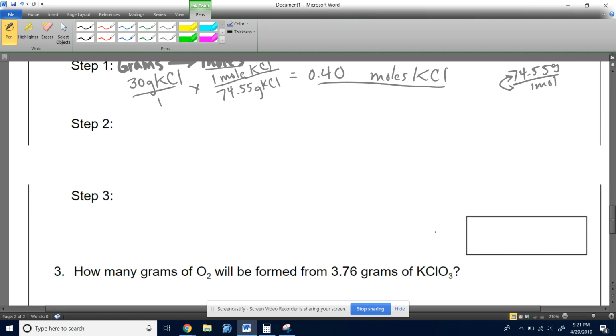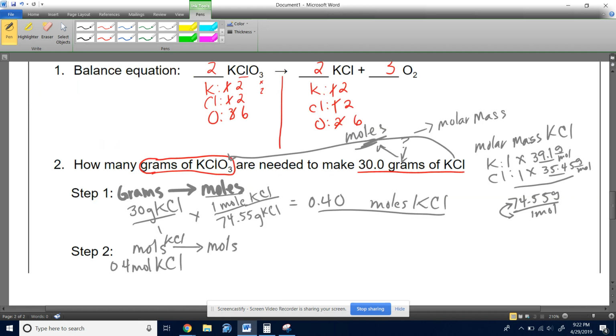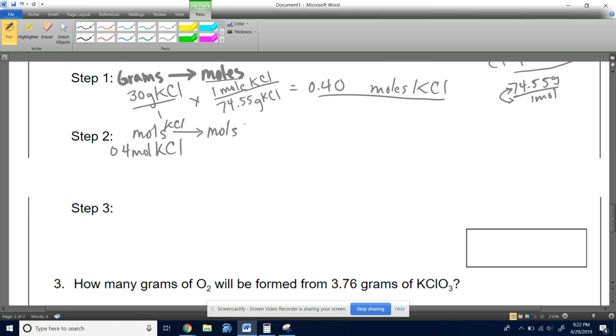So for step 2, okay, we're going to use our 0.4 moles of KCl. And now what we're going to want to do is go from moles to moles. So we want to go from the moles of KCl to, what are we looking for? Moles of KClO3.